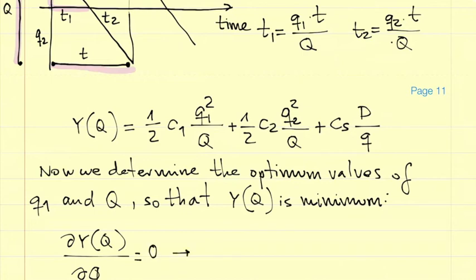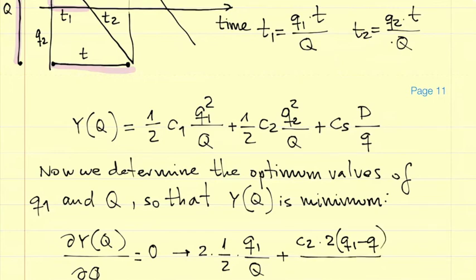So as a result, 2 times 1 divided by 2, C1 Q1 divided by Q plus C2 times 2 Q1 minus Q big divided by Q equals 0.